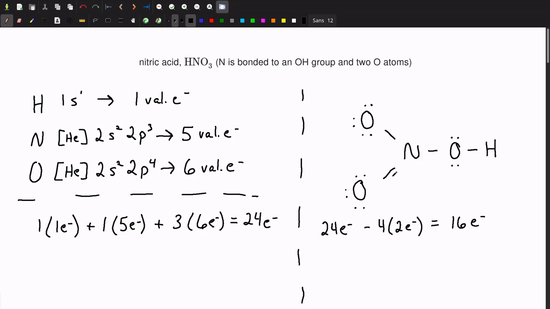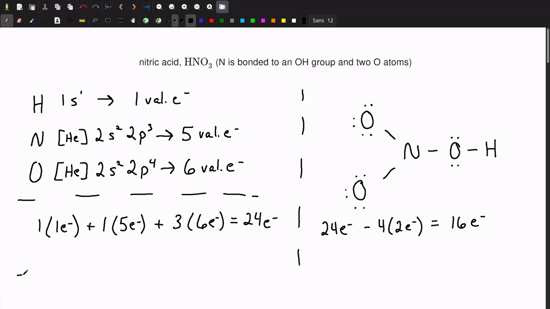Nitrogen, 1, 2, 3, 4, 5, 6. He's not happy. He needs somebody to share electrons with him. Now, the question becomes, who's going to share those electrons? We have 2 equally likely choices here, and then we have this guy that's a little bit different.